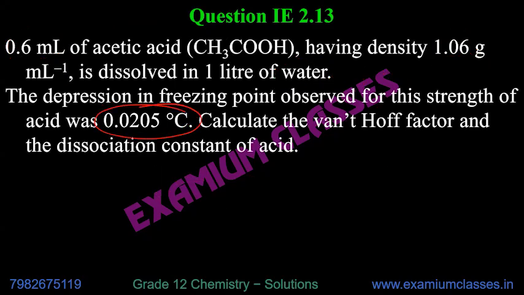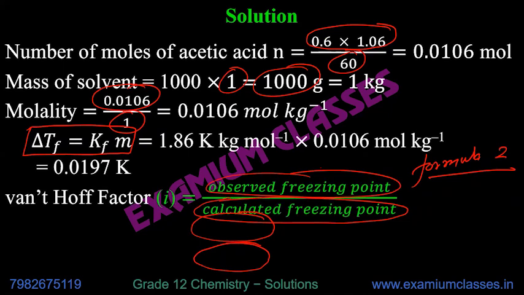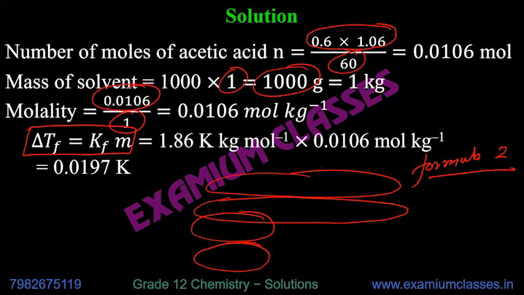So depression in freezing point observed for this strength of acid was, so delta TF observed is 0.0205. So we used these two values to get the Van't Hoff factor, calculated.